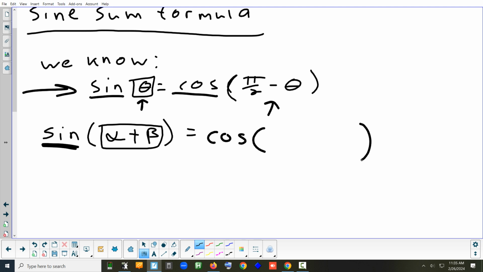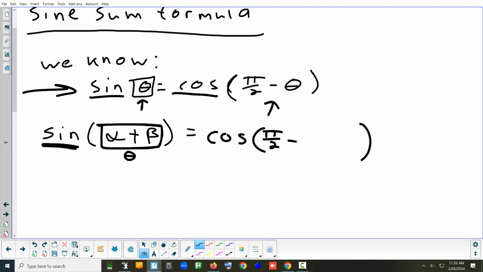You basically have it up above. Think of this whole box as theta, and apply what you have right above it. Yeah, you could do pi over 2, since sine and cosine are complementary functions. Cosine of pi over 2 minus what? Theta.